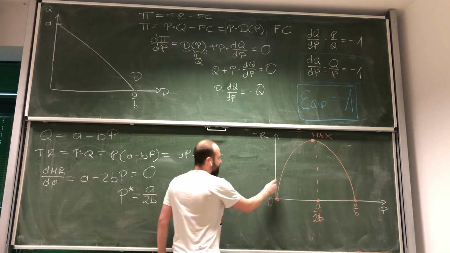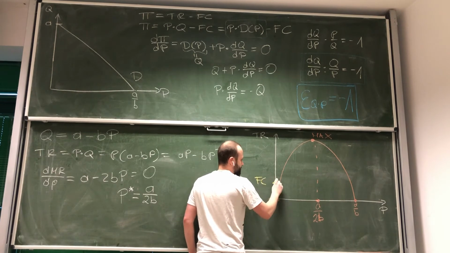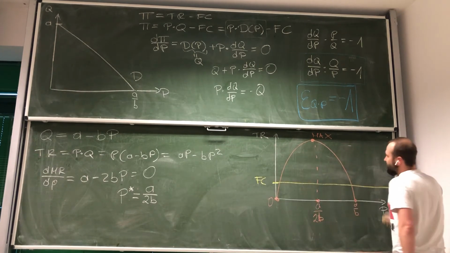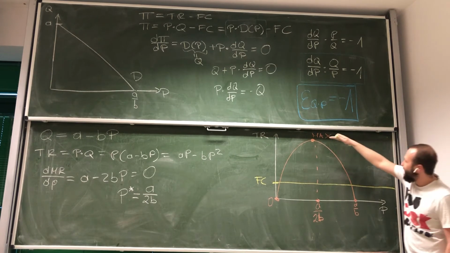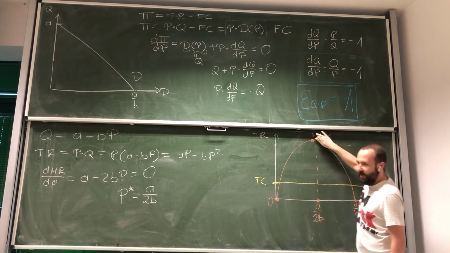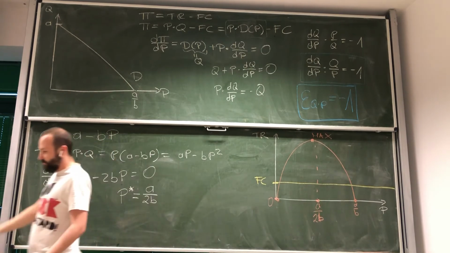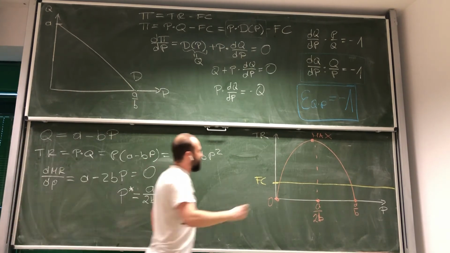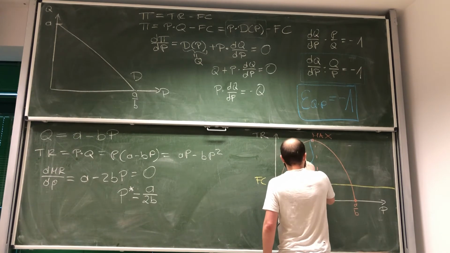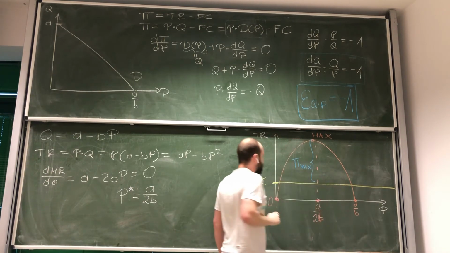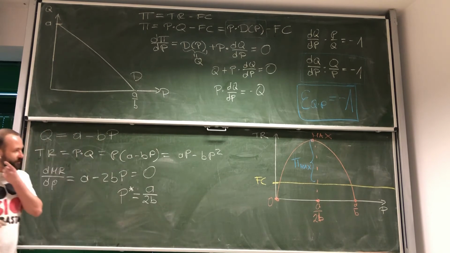Why? Because we have only fixed cost. So the point where the revenue is highest is also giving us our maximum profit. So here, what you see is profit maximized. So this is the highest profit this company can expect.